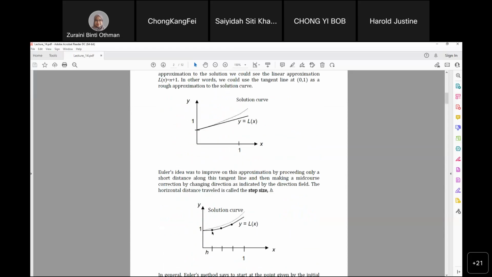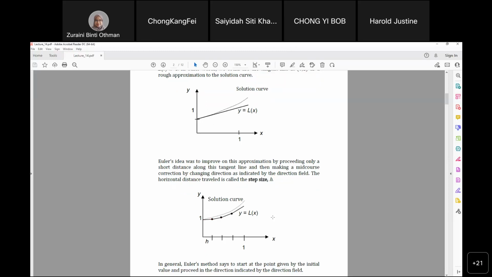Sebenarnya error tu, kalau kita guna smaller H ni, dia dapat lagi dekat lah. Kalau macam ni kita nampak macam lagi banyak error dia kan, betul tak? Maksudnya kalau tu kita boleh ambil yang gradient dia lagi dekat dengan solution curve. Okay, itu ialah konsep yang kita nak buat hari ni.